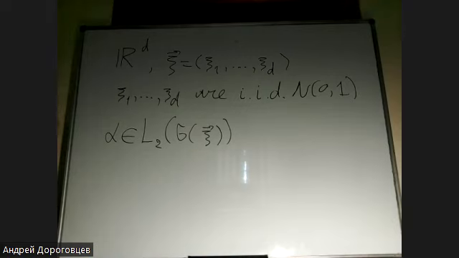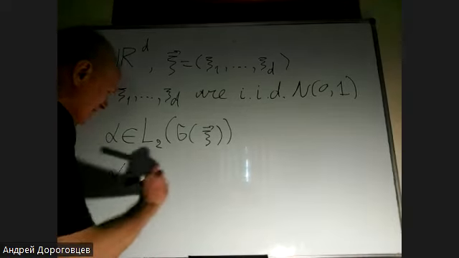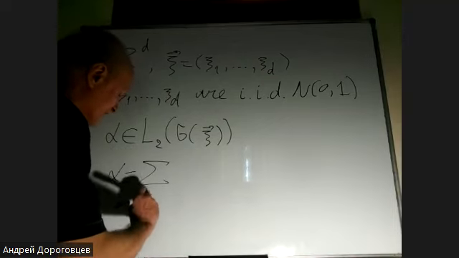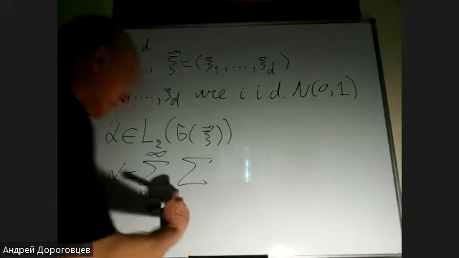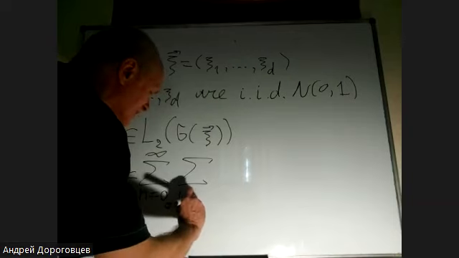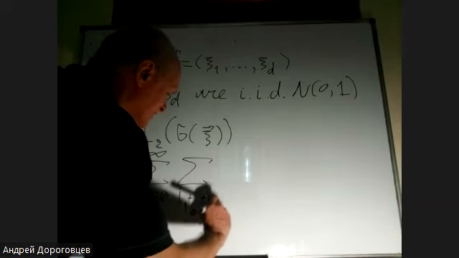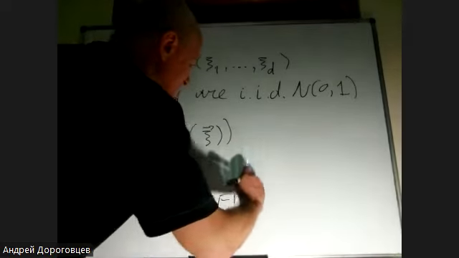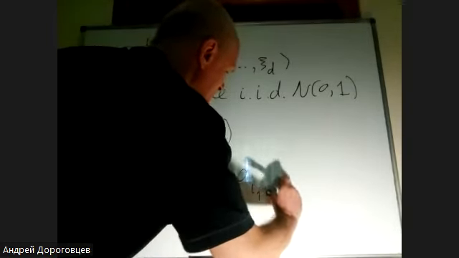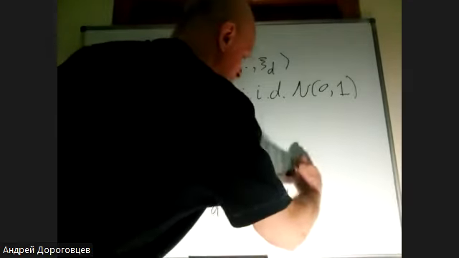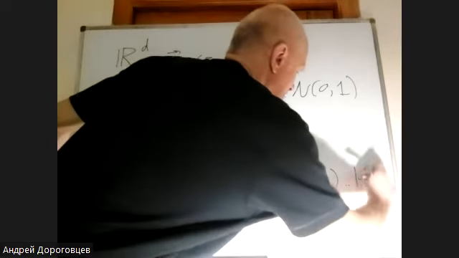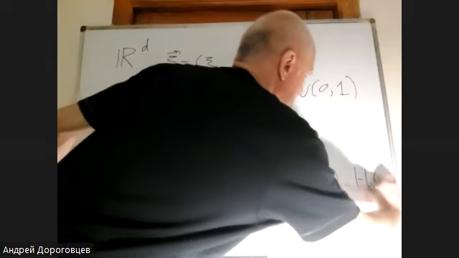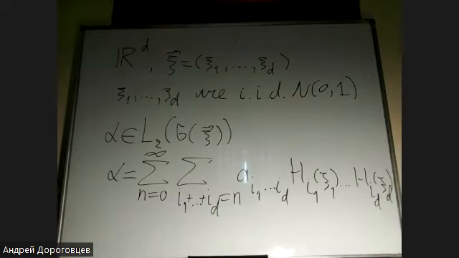So the answer is the following: α is equal to the sum from n equals 0 to infinity, of the sum over e_1 plus ... plus e_d equal to n, of coefficients times h_{e_1}(ξ_1), and so on, h_{e_d}(ξ_d). We easily get this representation, and yes, there is nothing new.